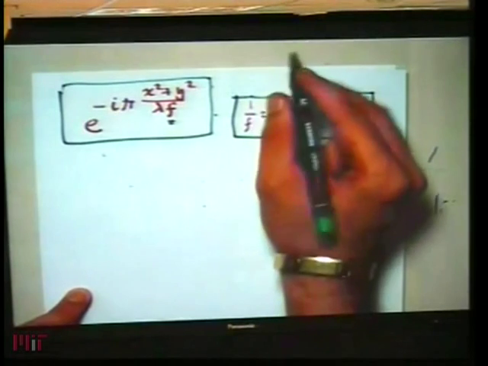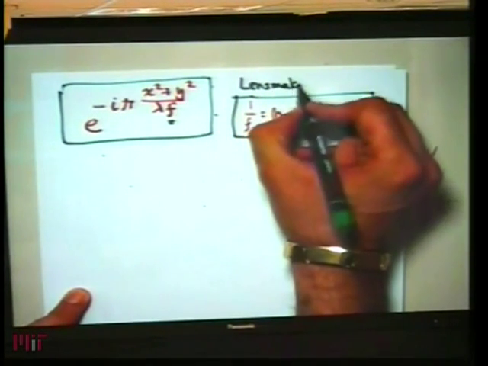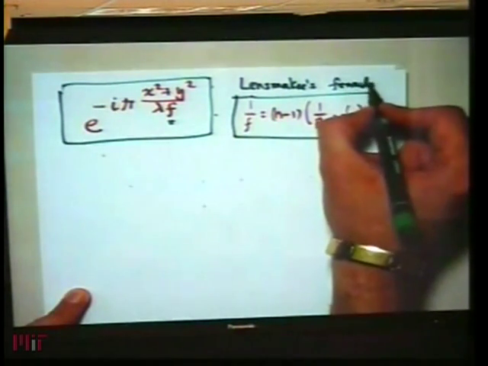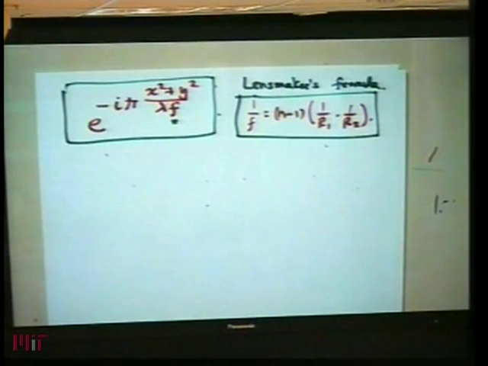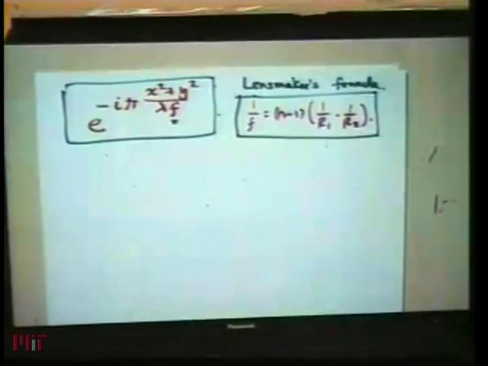If you recall from geometrical optics, we used to call this the lens maker's formula. So basically we recovered the expression for the focal length of the lens, but now we have, I don't want to say wave function, that sounds like quantum mechanics, but now we have actually a complex amplitude transmittance. Okay, that's what we have associated with that one.